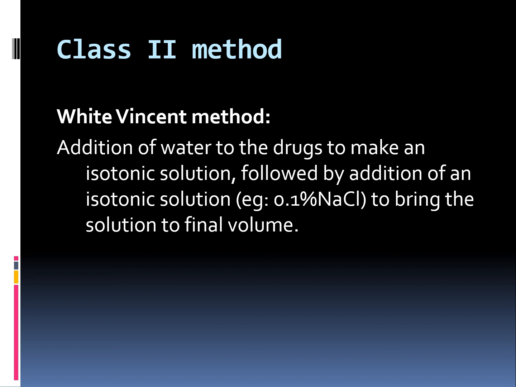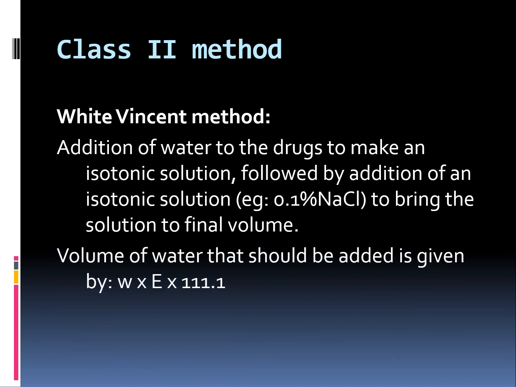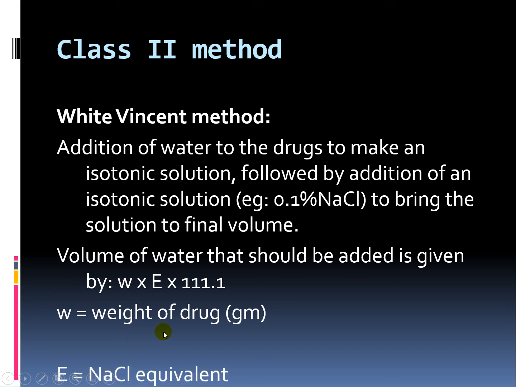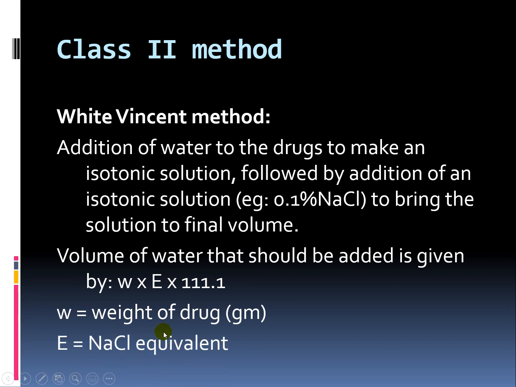First we will calculate the amount of water which is required to make the solution isotonic. After that we add NaCl to bring the solution to final volume. The volume of water that should be added is given by the formula W into E into 111.1, where W is the weight of the drug in grams, and E is the NaCl equivalent.